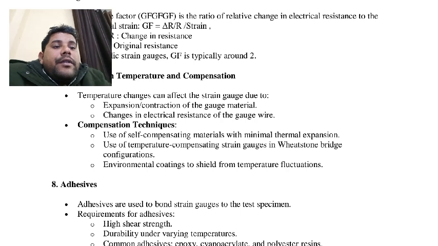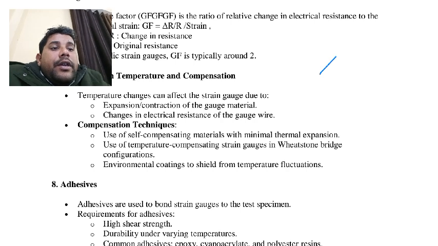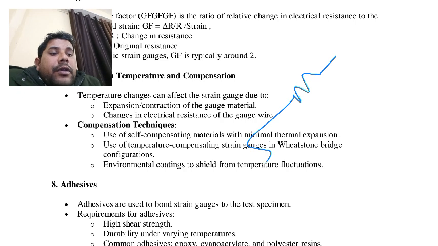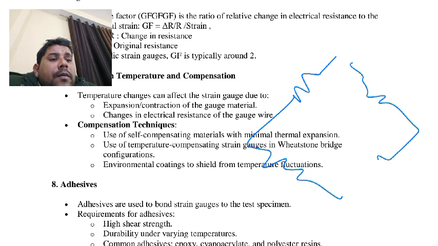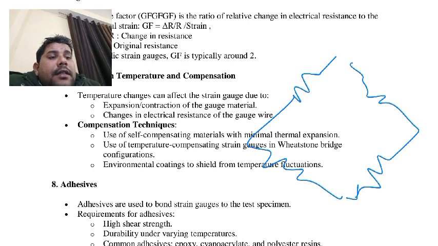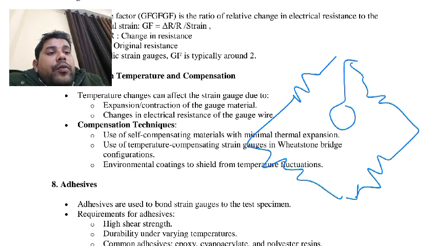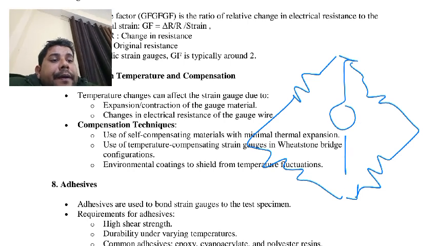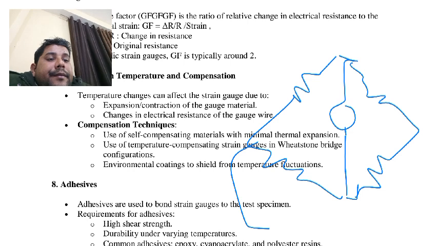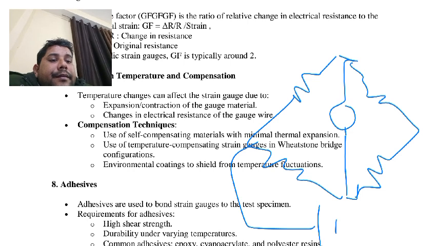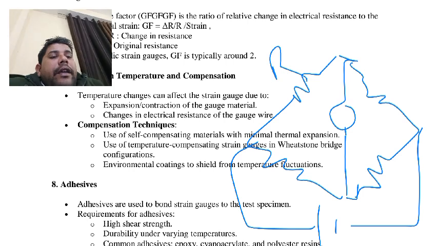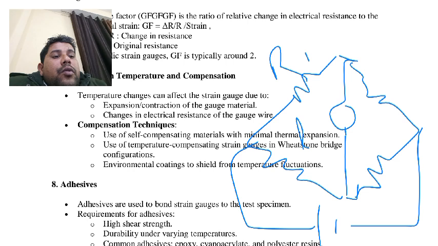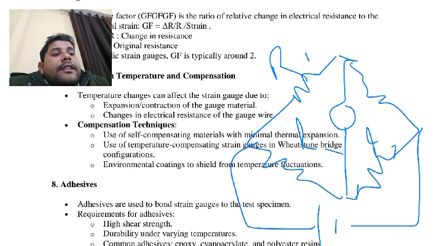This is the Wheatstone bridge, with resistances R1, R2, R3, and this is the strain gauge resistance, where output is taken here.